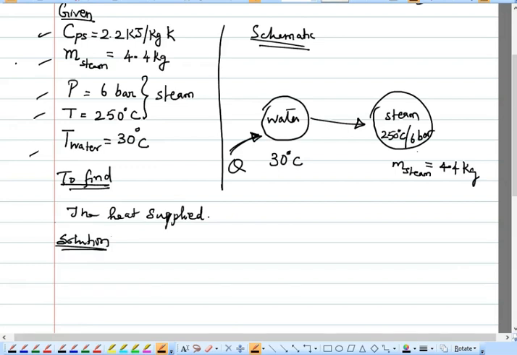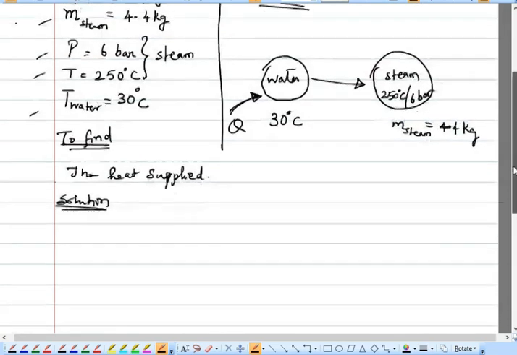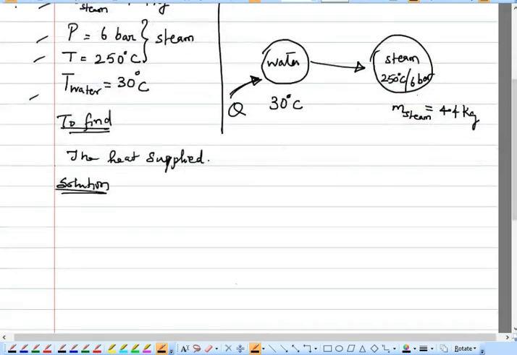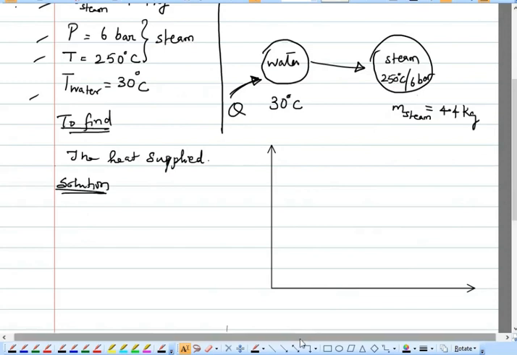You draw the TH diagram. From the TH diagram, you will be able to solve the answer. So I am having a graph like this. In this, the y-axis is temperature and the x-axis is enthalpy.